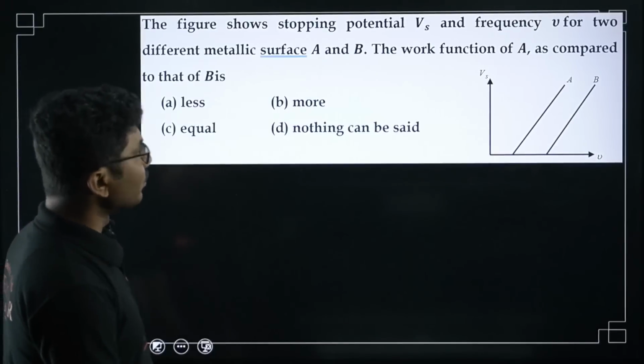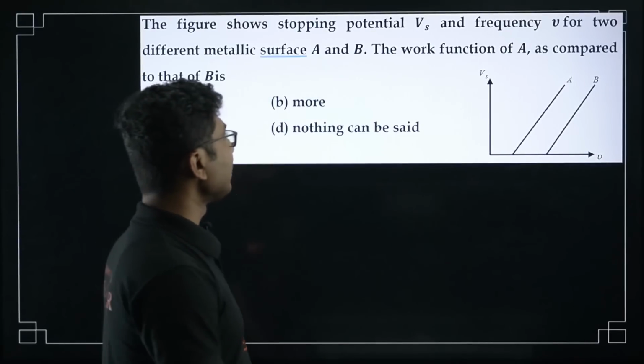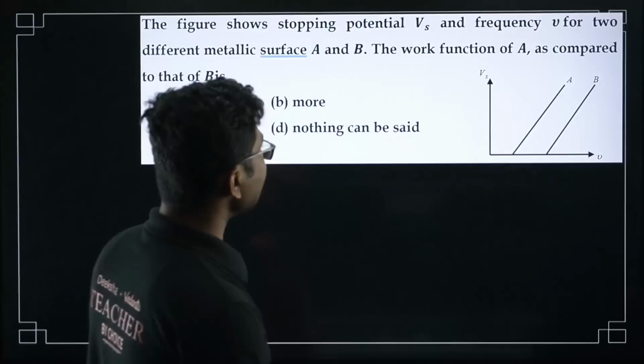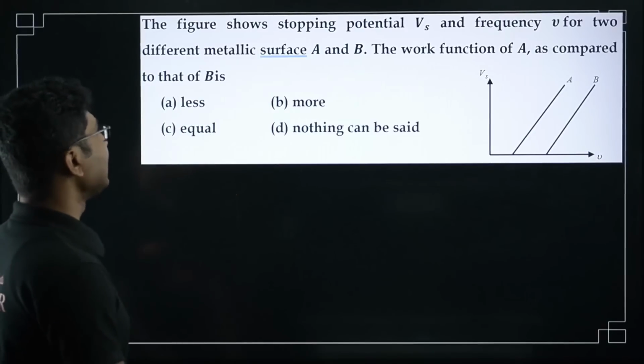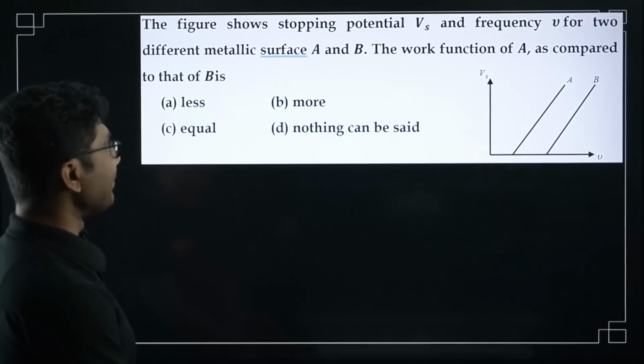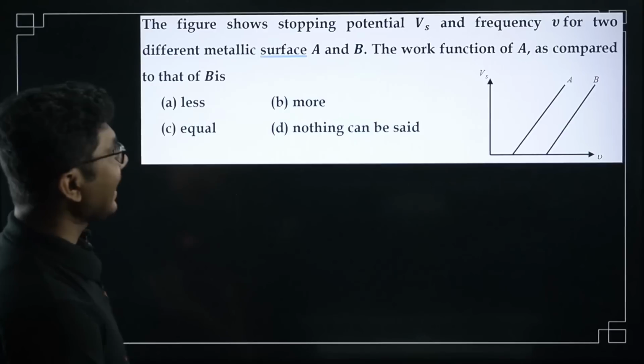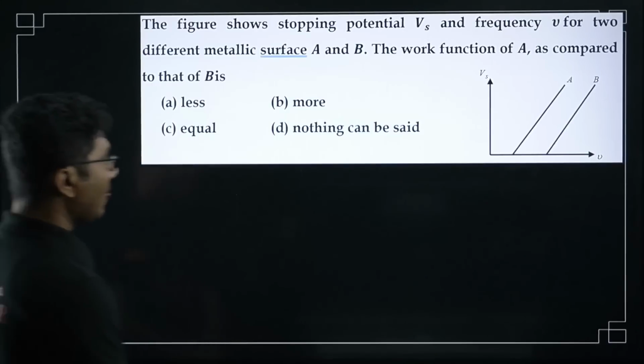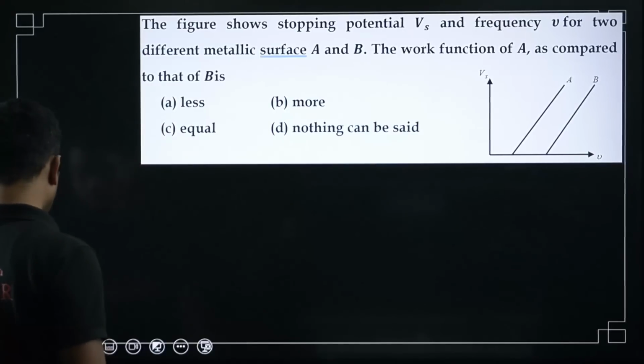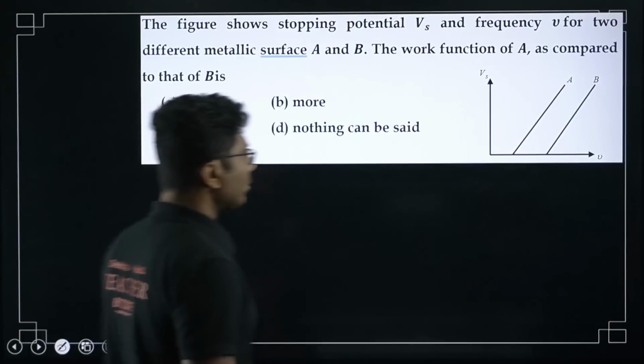The figure shows stopping potential Vs and frequency nu for two different metallic surfaces A and B. The work function of A as compared to that of B. So here we have two graphs.